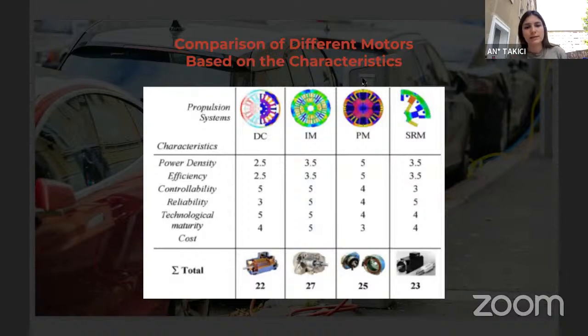So as a result of the graph, we can say induction motor is more ideal than the other motor types. However, it depends. If you want to look at the efficiency, you should choose permanent magnet, because the efficiency of induction motor is a little bit lower than we expected.